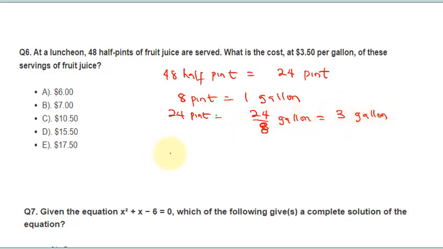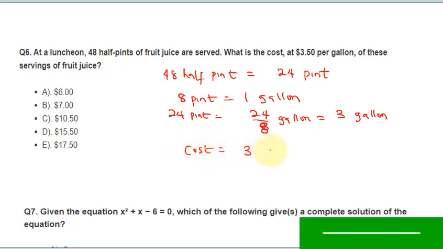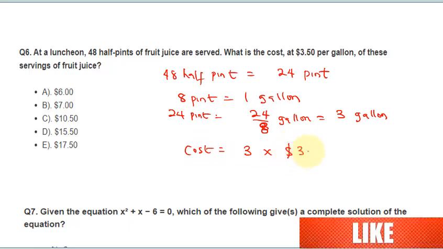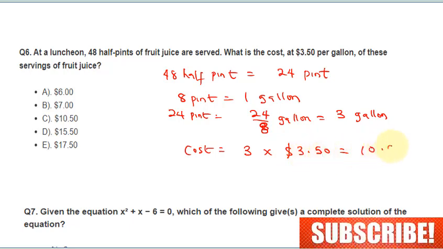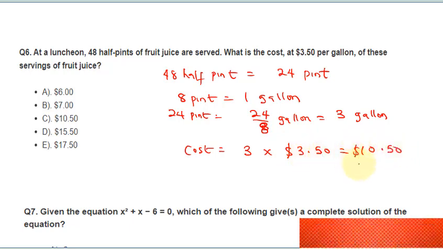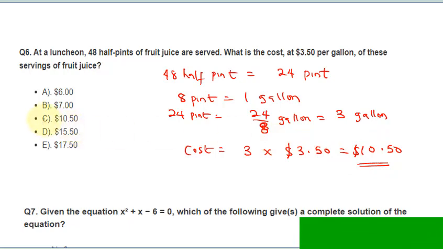Having established this, the cost of each gallon is $3.50. So the cost will now be 3 times 3.50, and that's going to give us $10.50. So the correct answer is C.